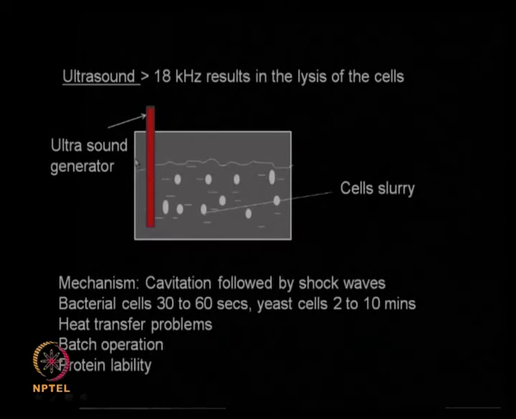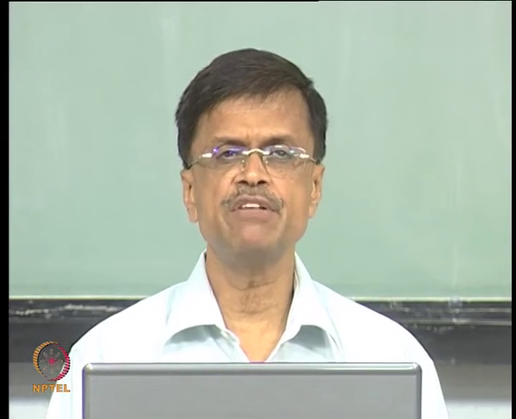So what you have is a container and the slurry, that means cells and liquid or water, inside, then you have an ultrasound generator. This generates ultrasound which gets transmitted inside the cell slurry, and the cells feel the high energy and because of that they break. So basically the mechanism is through cavitation or through shock waves.